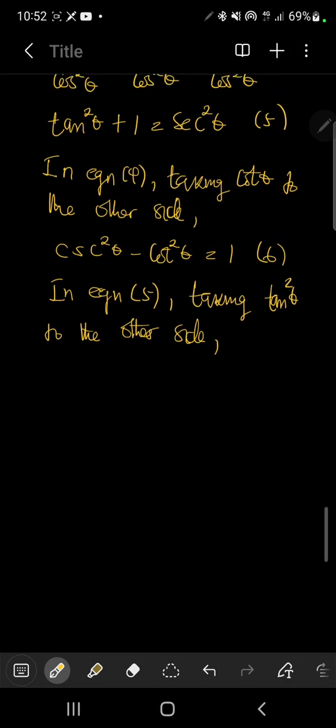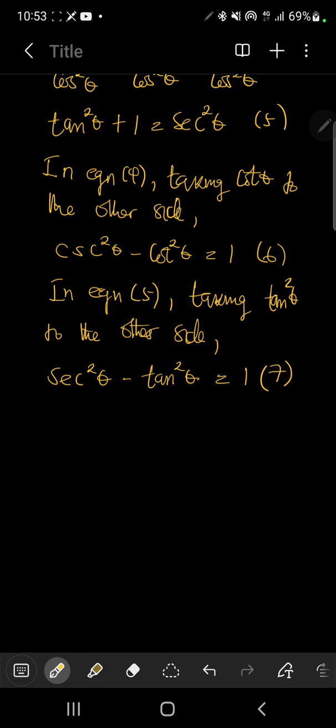We get sec squared theta minus tan squared theta is equals to 1. And this becomes equation what? 7.